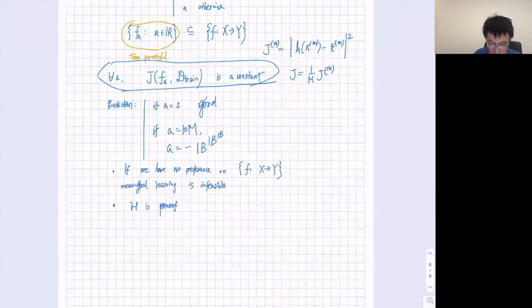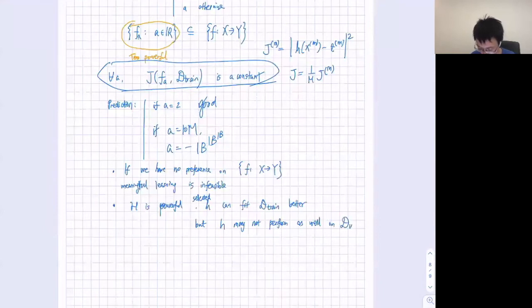If H is powerful, if my hypothesis class contains too many hypotheses, then you can definitely fit the training set better. The selected hypothesis can fit your training set better, but it may not perform as well on the unseen data set.